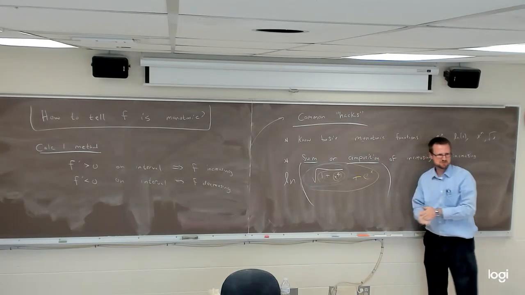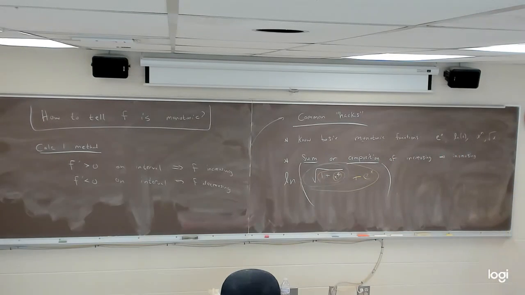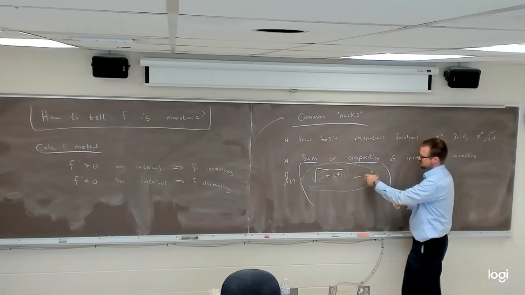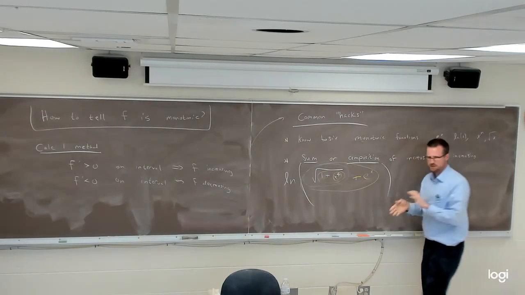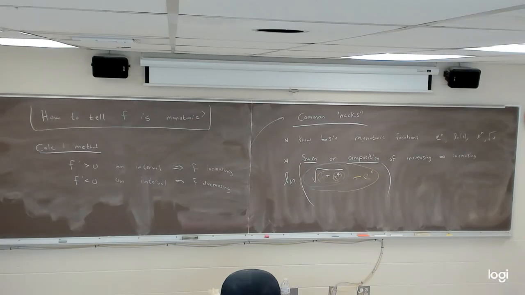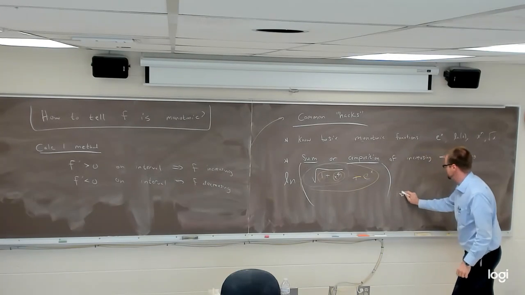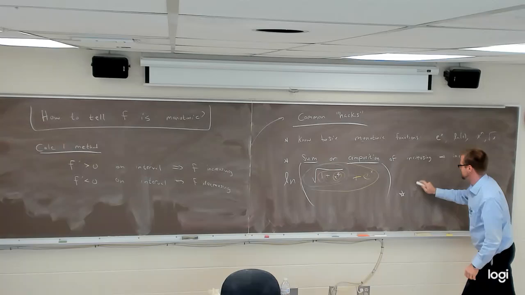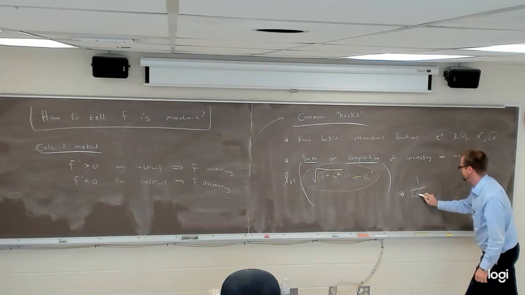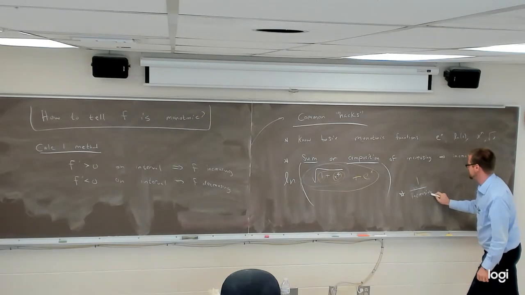Because even after I took a derivative, I had to figure out how the heck do I know if it's positive or negative. So if you have these kind of increasing building blocks, and you know that they're preserved by sums and compositions, there are a lot of things that you can just look at and say, okay, that's an increasing function. And then finally, a common one that we've just seen is the reciprocal of an increasing function is decreasing, if you're talking about positive numbers.